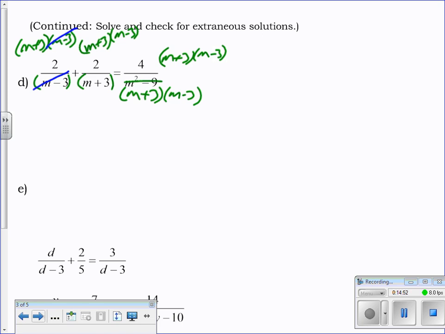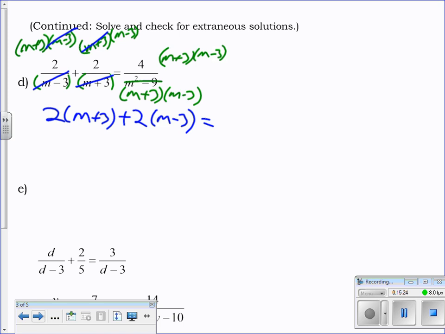So for my first fraction, what do I have? I have 2 times m plus 3. My second fraction, the m plus 3's cancel. Plus, my bad, plus 2 times m minus 3 equals.